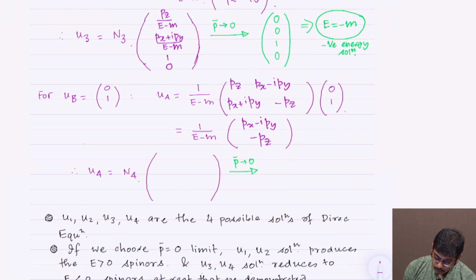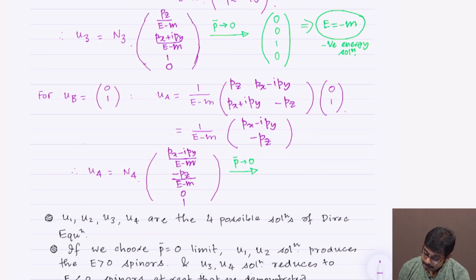So, the full spinor, let us call that u4, that will be what? This will be px minus i py by E minus m, minus pz by E minus m, and this is 0 and 1 for the ub.